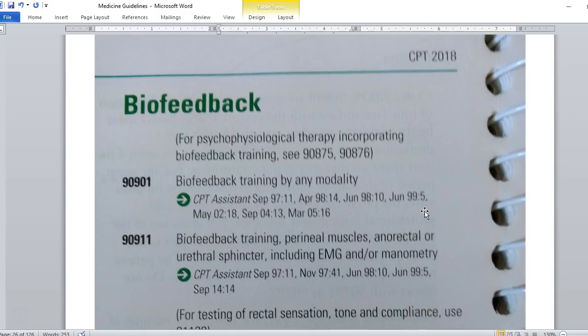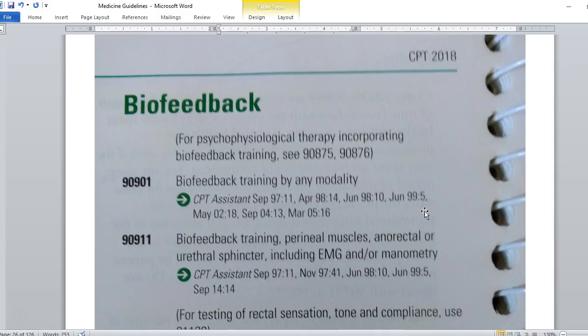Okay, but 90911 is biofeedback training of the perineal muscles, anorectal or urethral sphincter, including EMG and/or manometry. So this is specifically looking at the perineal muscles, the anorectal or the urethral sphincter. And usually what they're doing, again, is looking at electromyography. So they're looking at, is there a problem with the muscles in those regions, the perineal, the anorectal, or the urethral sphincter.